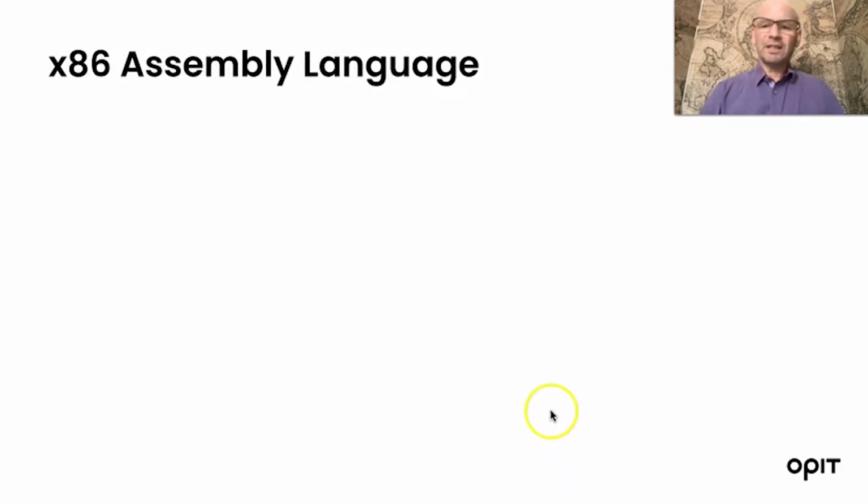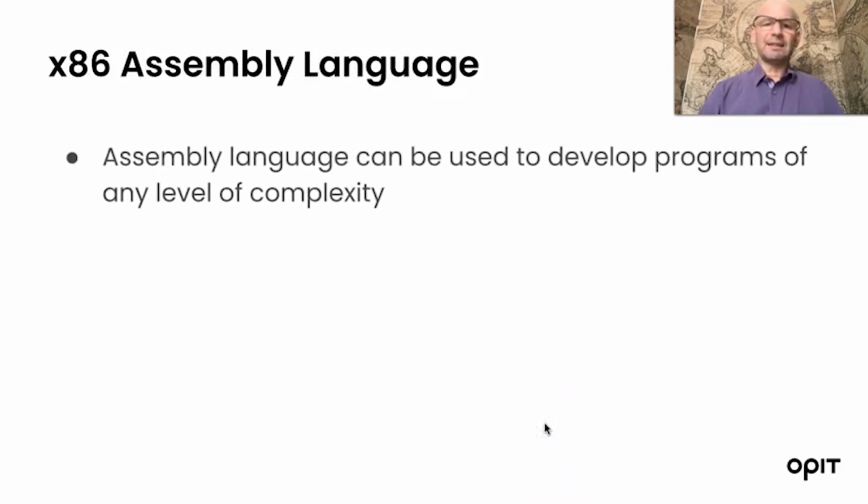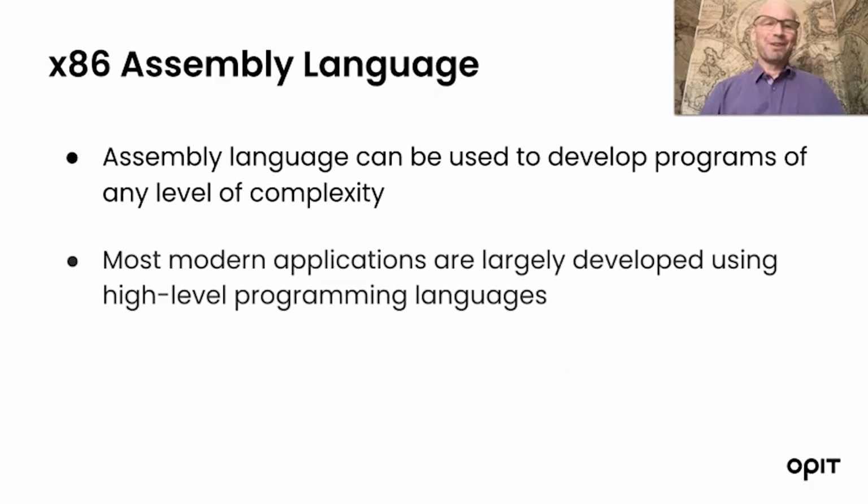And lastly here, I just wanted to take a look at x86 assembly language. So assembly language can be used to develop programs of any level of complexity, of course, depending on your programming ability. Most modern applications are largely developed these days using high-level programming languages, but I'm, again, old enough to go back to when I did my computer science undergraduate degree.